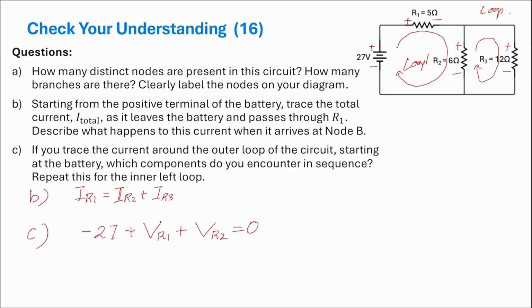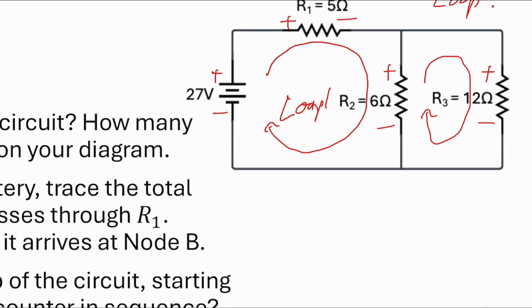So for example, here, we know the current passes through R2 from positive to negative, but we don't need to follow the current because the loop we choose goes this way. So we just look at when we follow the loop, it enters R2 from the negative side.